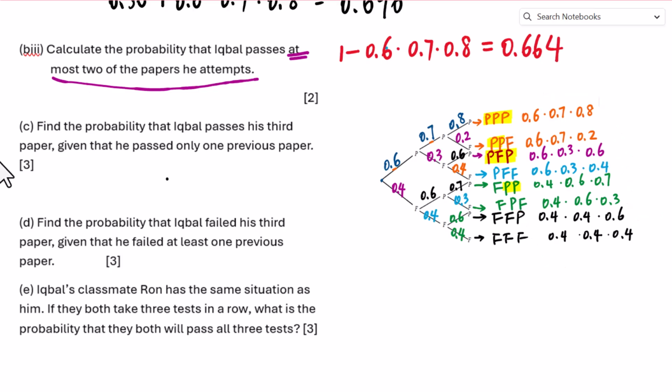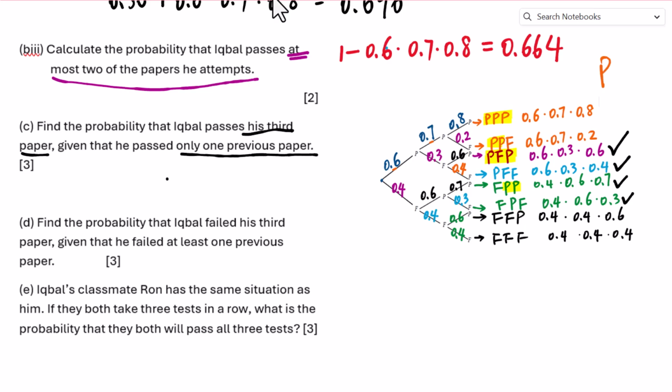Let's go to C. Find the probability that Iqbal passes his 3rd paper, given that he passes only 1 previous paper. Just check the first and the second paper, passes only 1 previous paper. This path, this path, this path, this path.